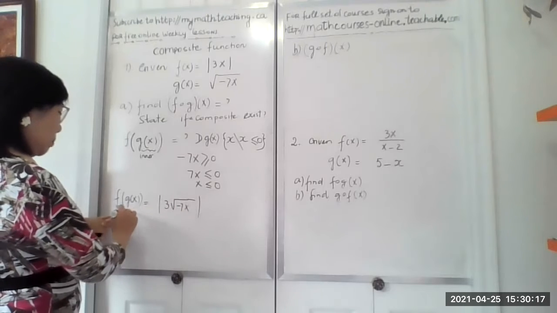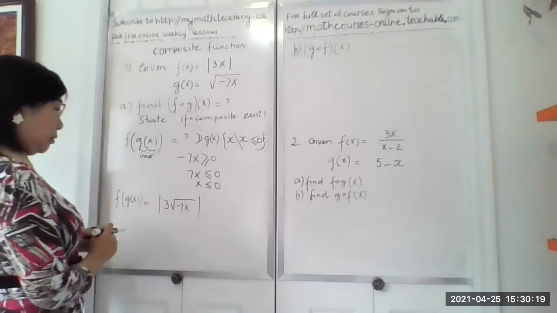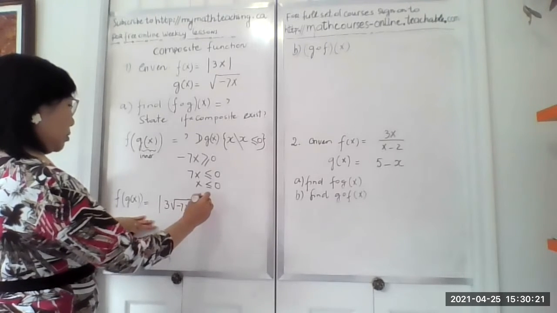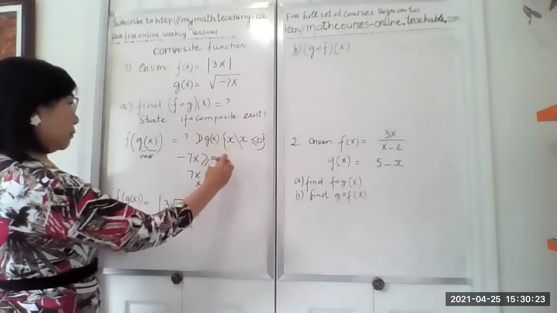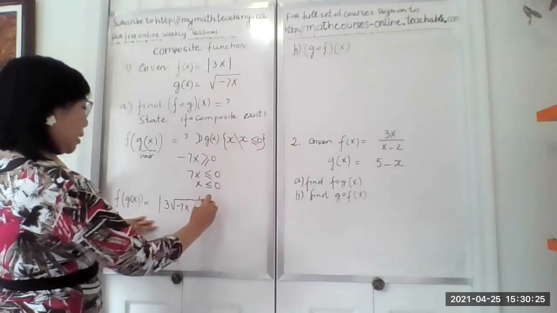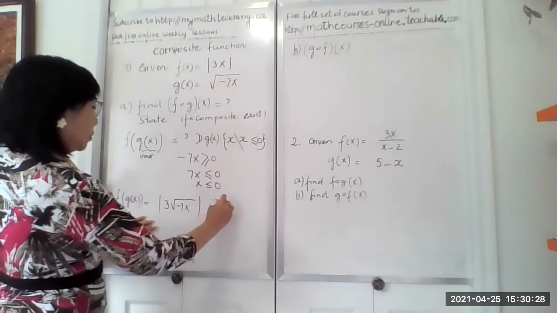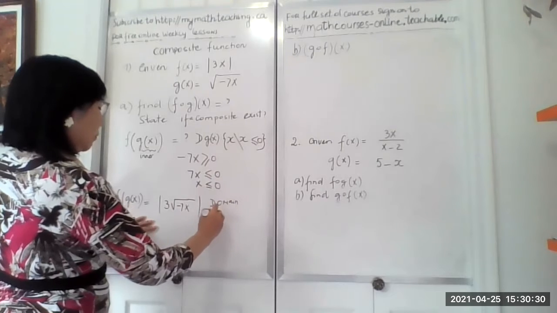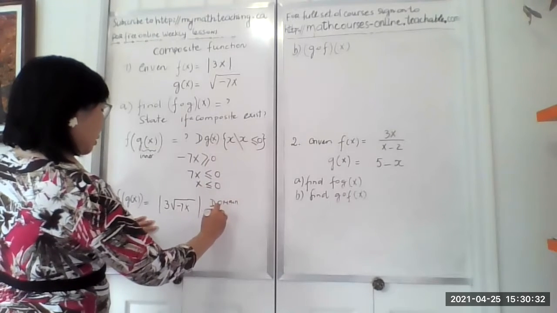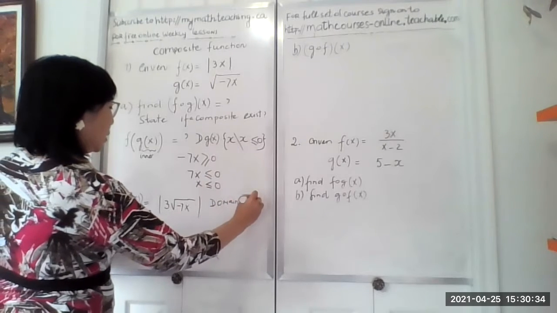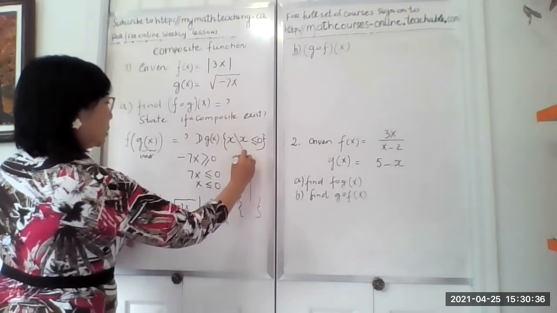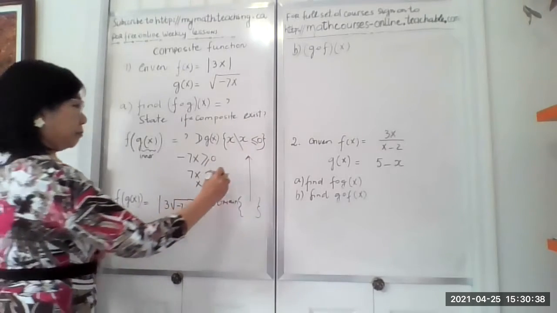So what is the domain of our new composite function? The domain of our new composite function is exactly the same, right? So the domain for the new composite function will be exactly the same as this one. Same.